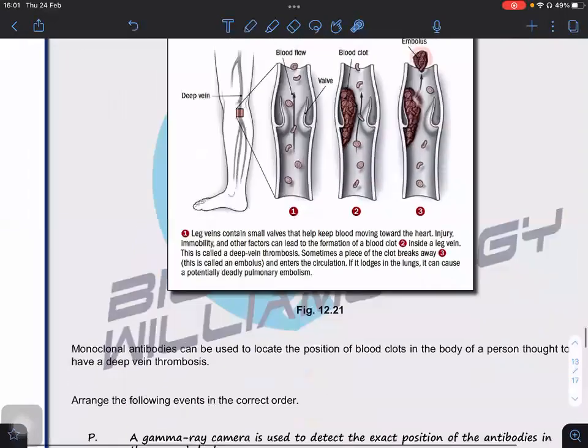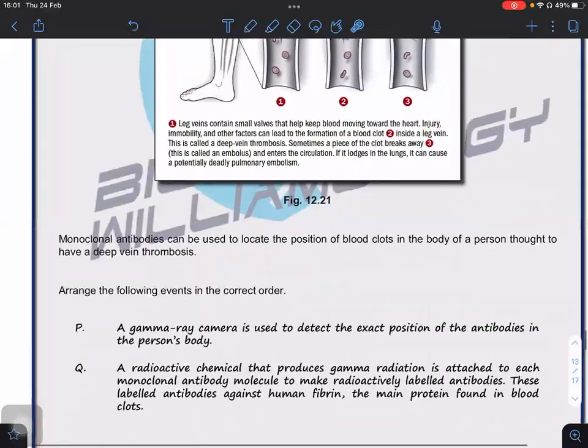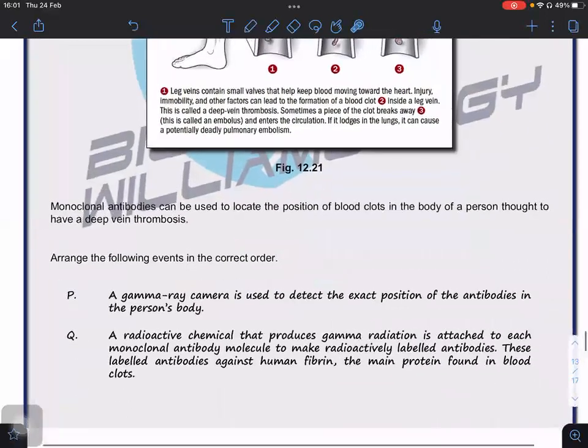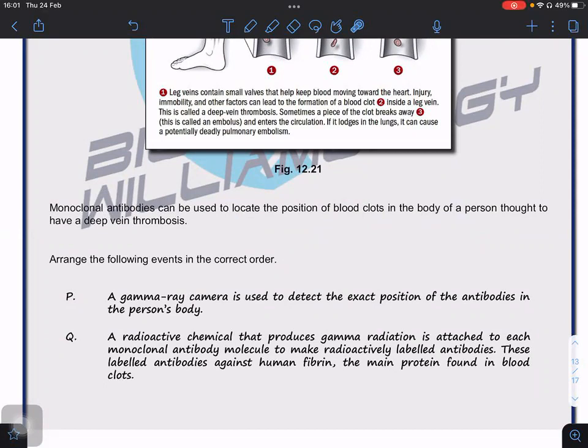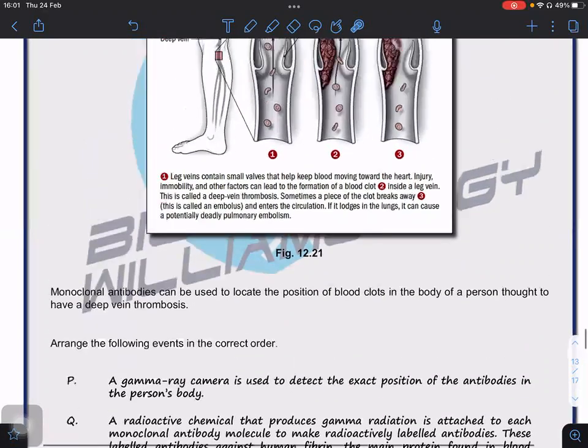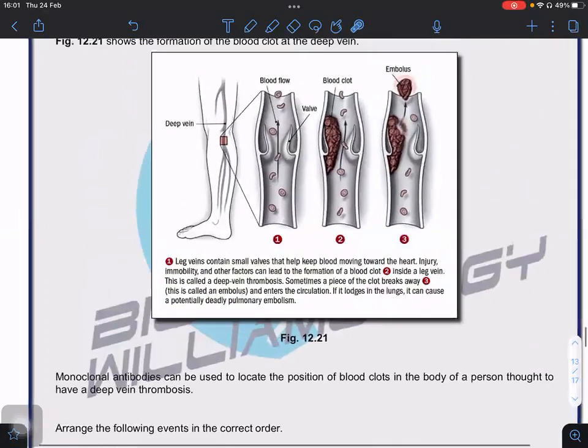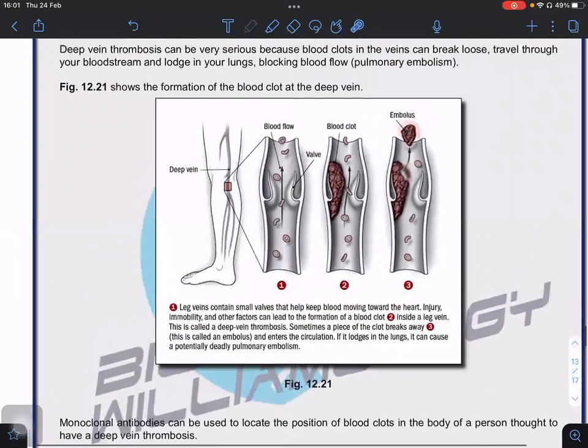So monoclonal antibody can be used to locate the position of blood clots in the body of a person thought to have deep vein thrombosis. What we're going to do is very simple. We have the monoclonal antibody. Oh, sorry, wrong.